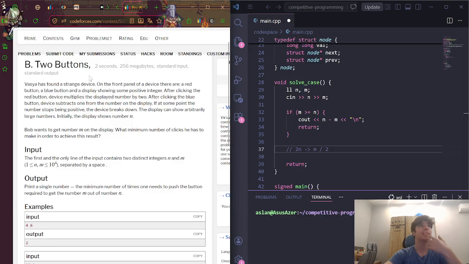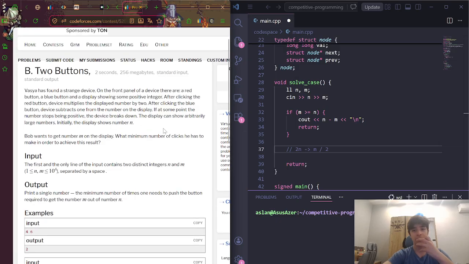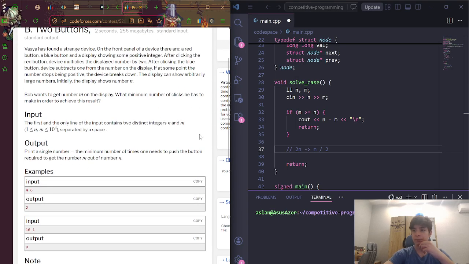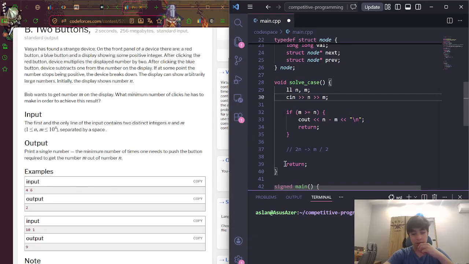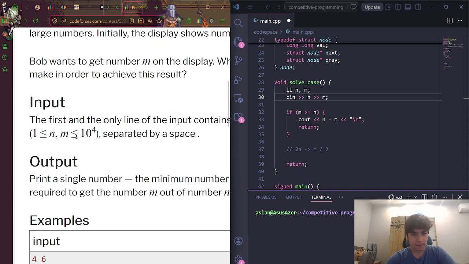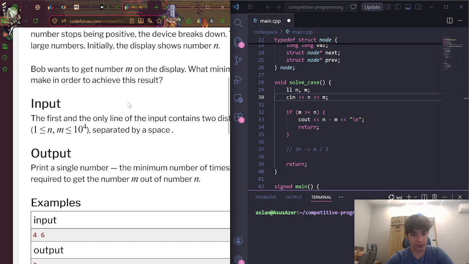For example, 1 to 10,000, and it's going to be time complexity of O(m minus n) in this situation, and the maximum one is O(10,000).